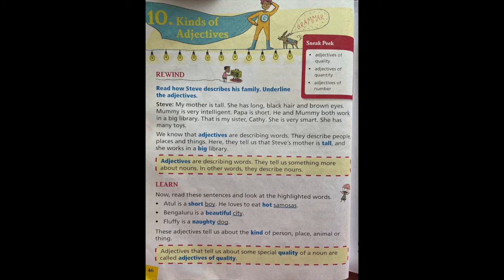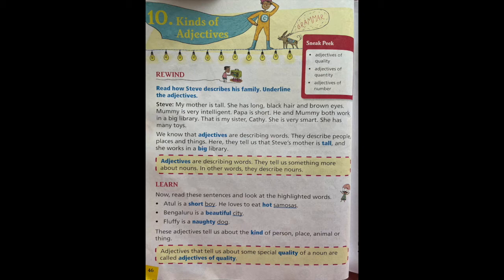Now read these sentences and look at the highlighted words. There are some sentences below and we need to see what these underlined words are. Atul is a short boy. He loves to eat hot samosas. Here, boy is the noun and described as short.